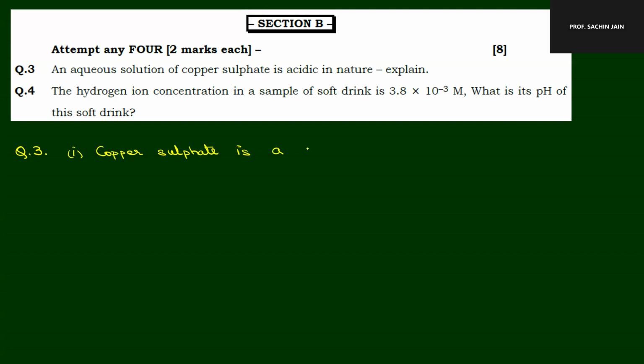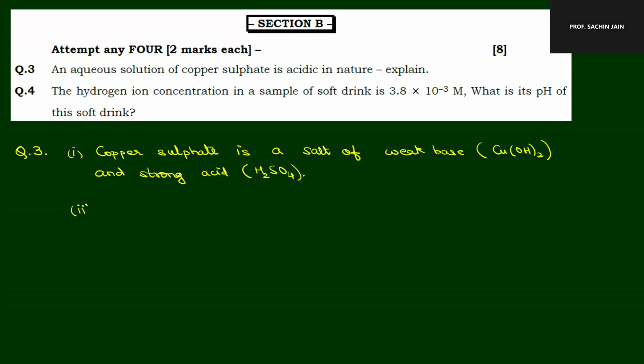So we know that copper sulfate is a salt of weak base, and you can mention the base which is copper ka hydroxide CuOH twice, and strong acid which is of course sulfuric acid. Now, when we do the hydrolysis, what part of the salt is involved in the breakdown of water, disturbing the equilibrium of water?